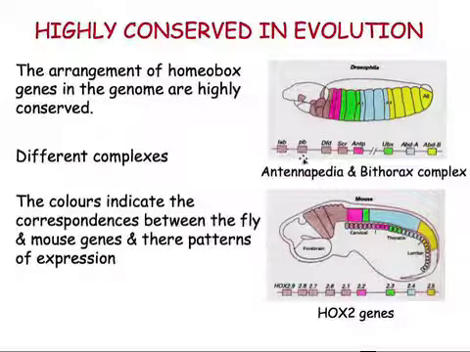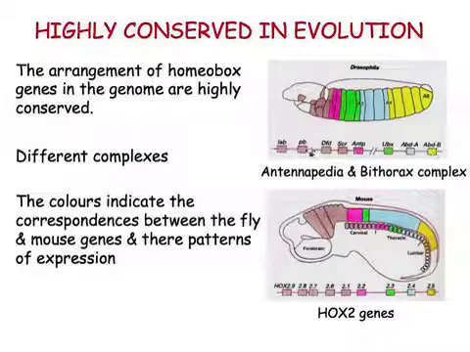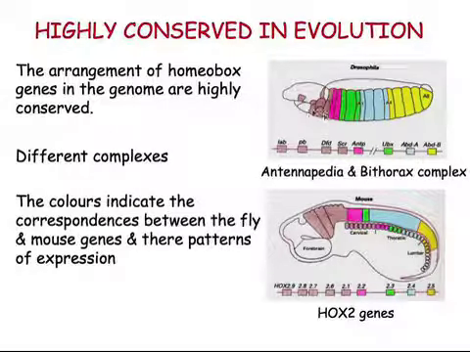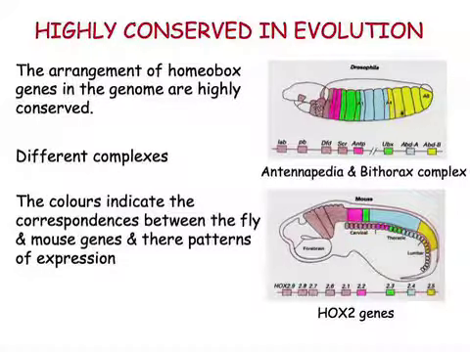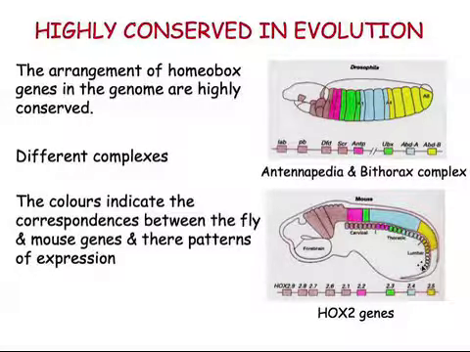So this is showing a color-coded example of the location of the gene relative to its expression. You can see that the order of the genes in the genome relates to the location of the expressed gene in the larva. So people don't really understand why that's occurring, but clearly the location of the genes in the genome, as well as the sequence, has been conserved across species.